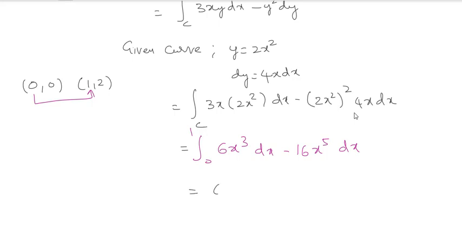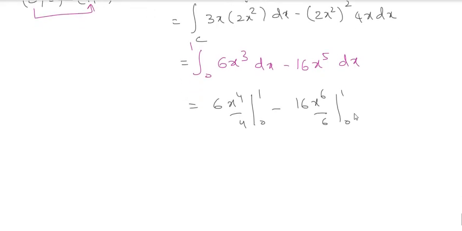Then this you know. So 6 into x power 4 by 4, limits 0 to 1, minus 16 into x to the power of 6 by 6, limits 0 to 1. Now if you substitute the limits, you will have 6 divided by 4 minus 16 divided by 6.